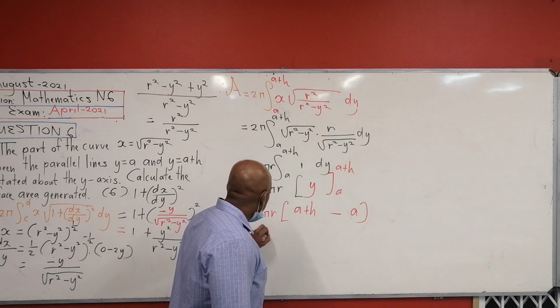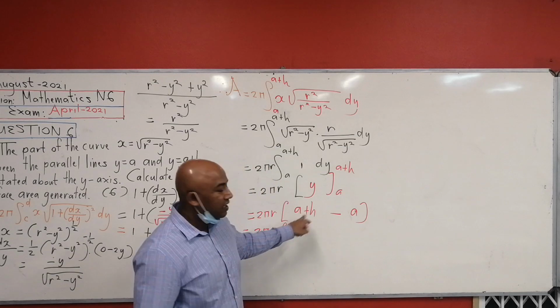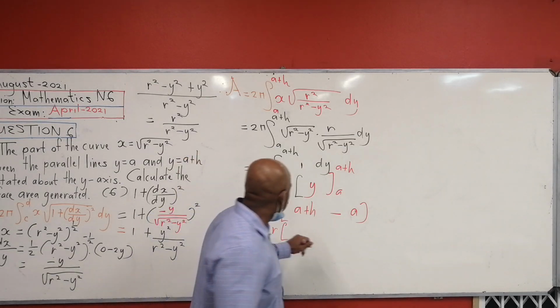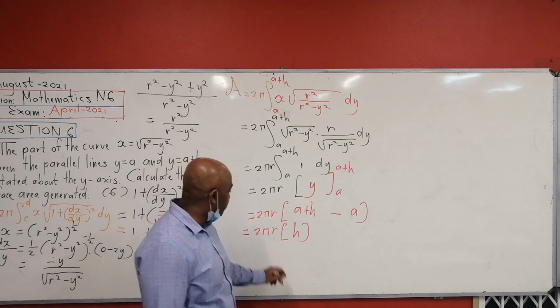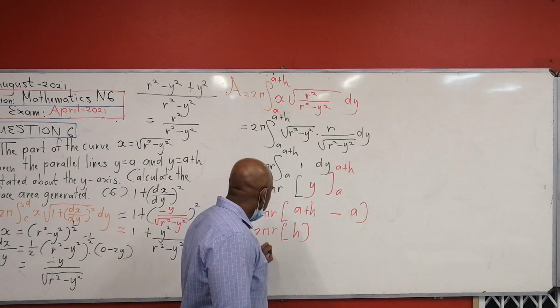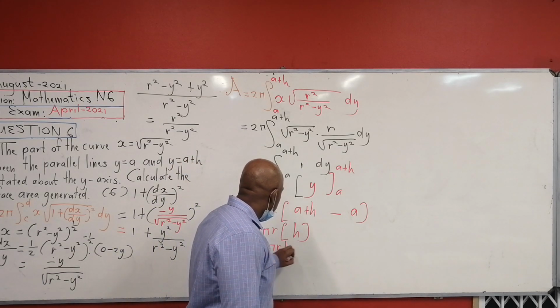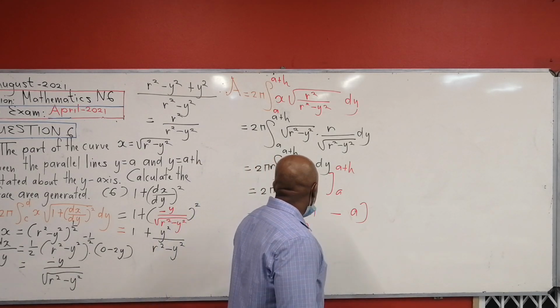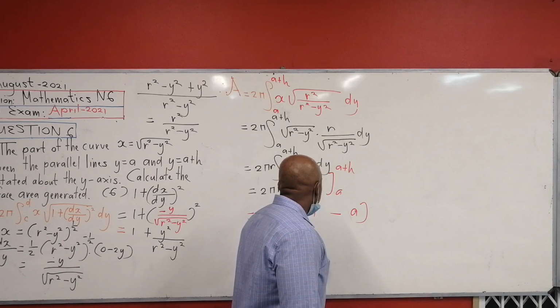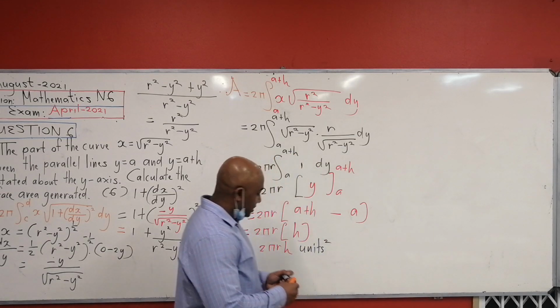So I got 2 pi r, a minus a is 0, I'm left with just h. It works out nicely in this example, which is 2 pi r h, whatever those units are, area is squared.